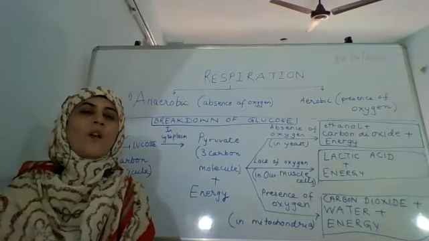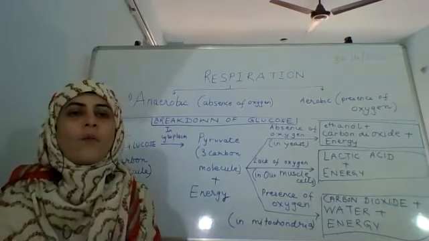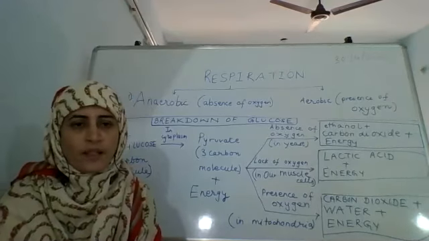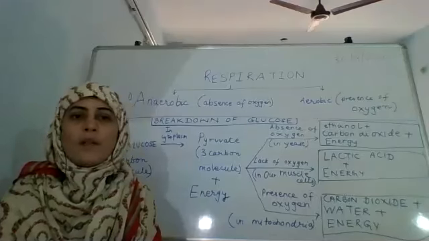So whenever there is any organism which is on the land, it will require air or oxygen, and it will use it from the atmosphere. But how will it use it?